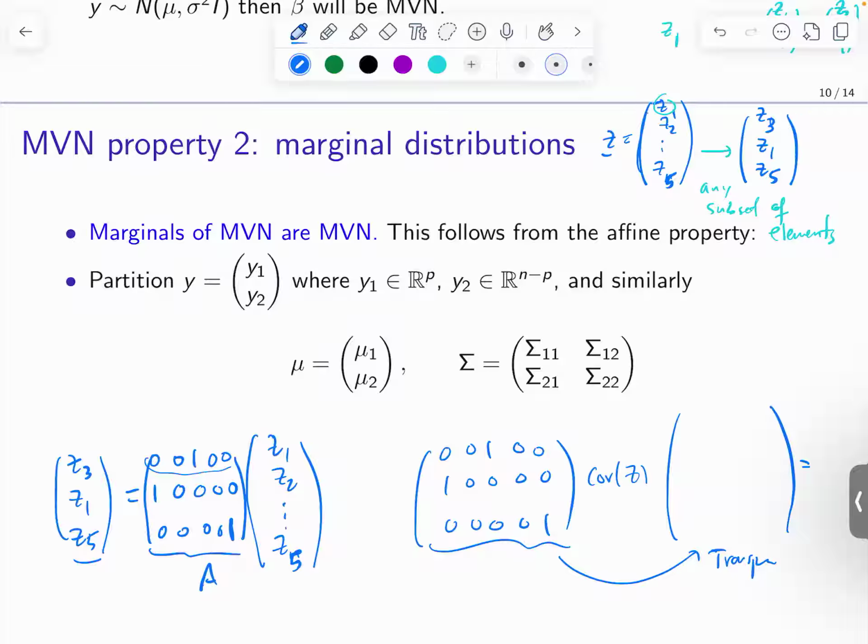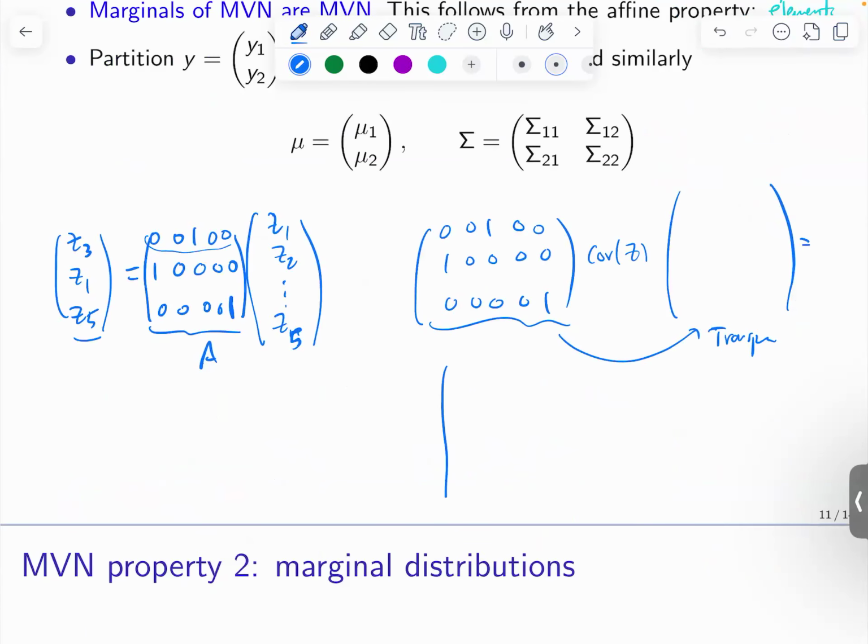So if you write down the covariance matrix of the Z, the third row, and then the first row, and then the fifth row, and then here 1, 3, 5.